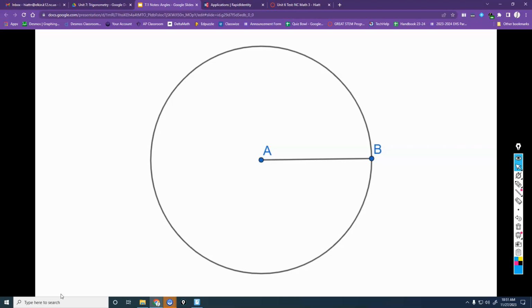Tiny piece of string. Yeah, it may unravel.